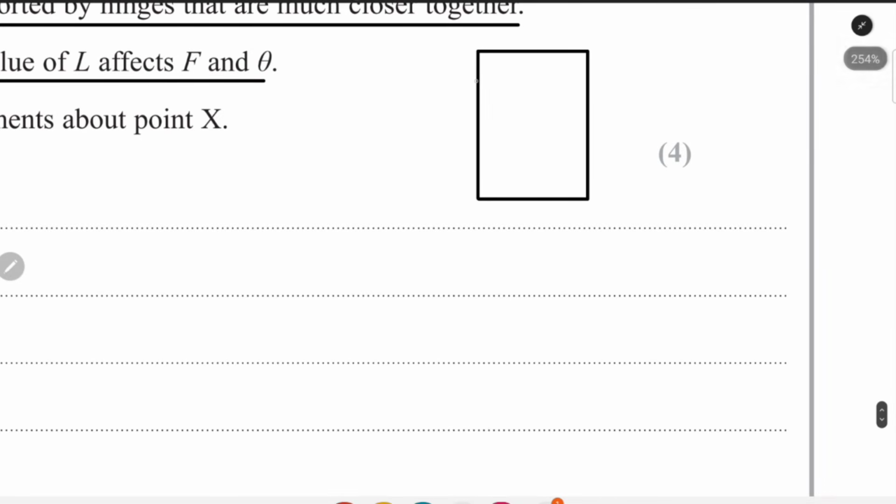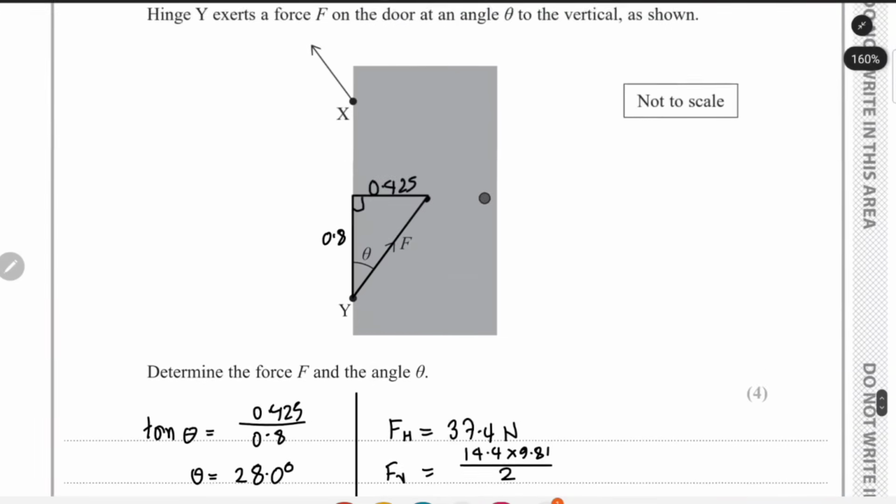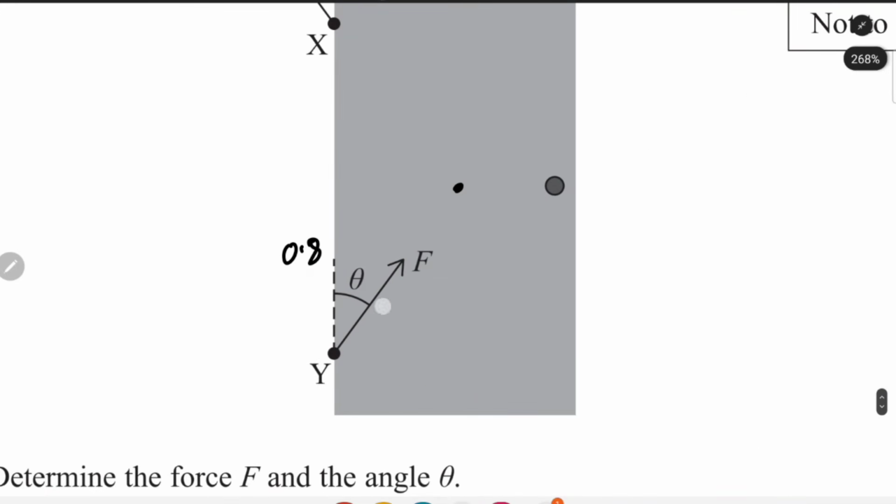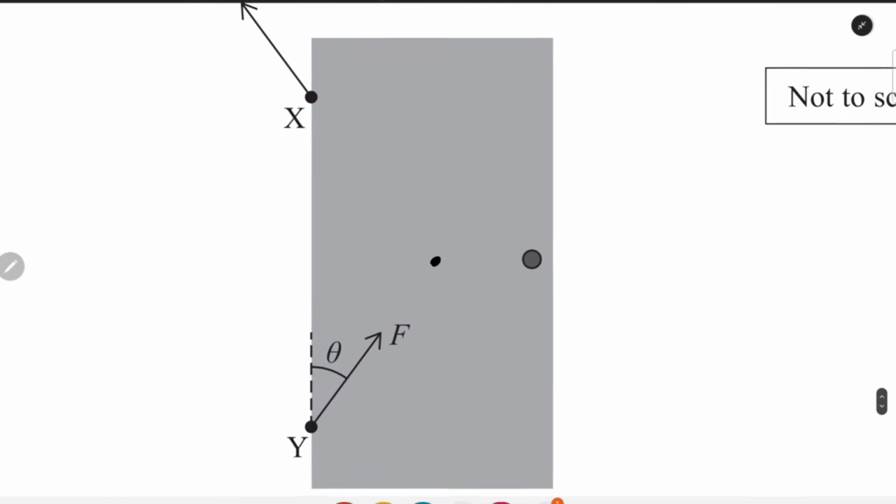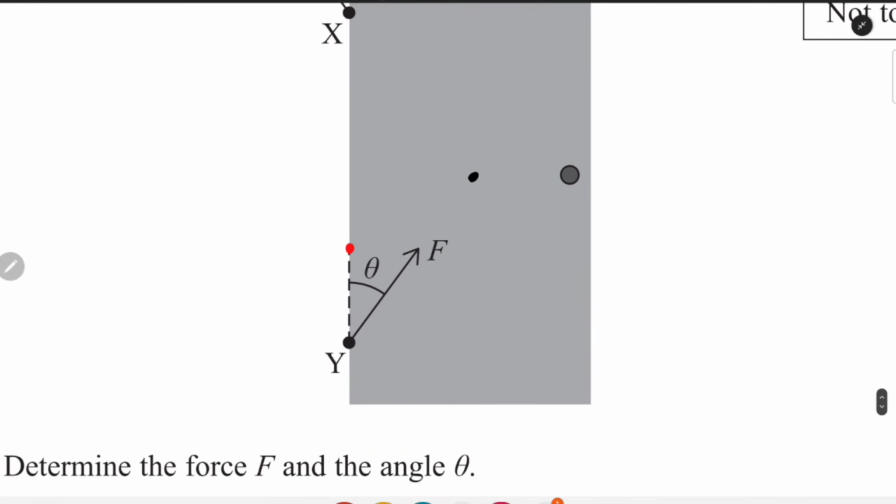So instead of the hinges being here, the hinges are now here. So the forces are acting on this line. So the value of theta increases.